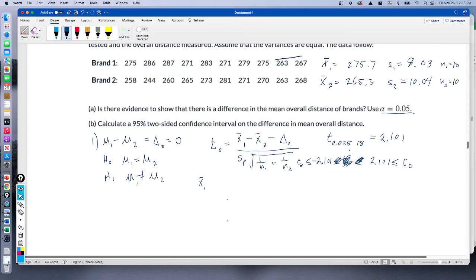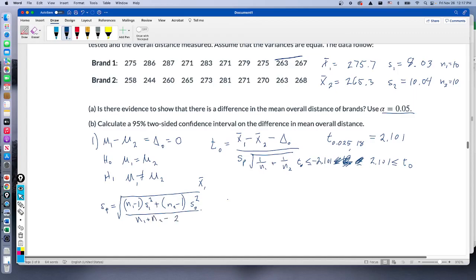For that, we use the formula, the square root of n1 minus 1 times the standard deviation 1 squared plus n2 minus 1 times the standard deviation of 2 squared, which is the variance, right? All divided by n1 plus n2 minus 2.